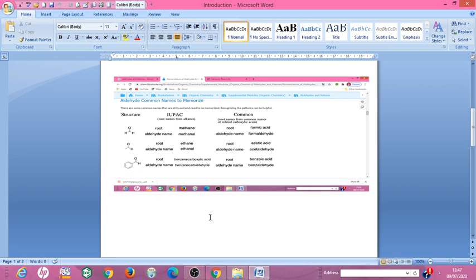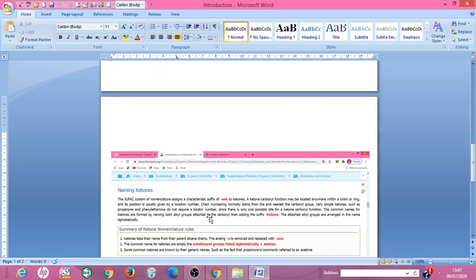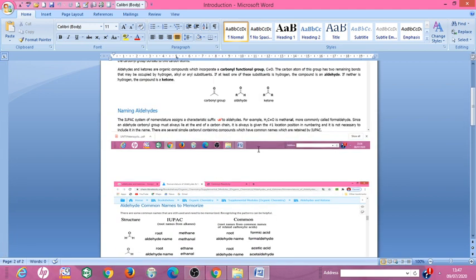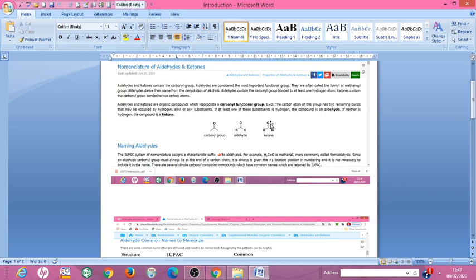In case of nomenclature of ketones, the suffix letter E is replaced by ONE, known as ketone. In case of the basic compound which contains CH3 group, the common name of this compound is acetone. But in case of IUPAC nomenclature, there are three carbon atoms, 1 2 3, and the parent name of this alkane is propane.